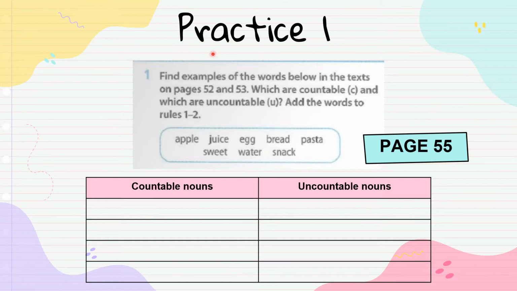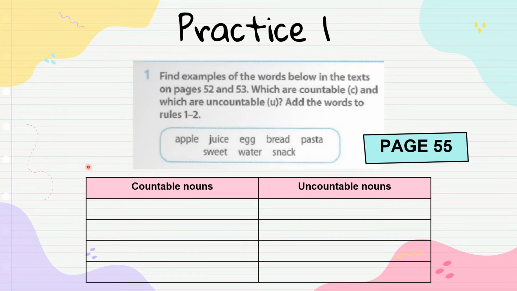Okay, practice 1. Find examples of the words below in the text on pages 52 and 53, which are countable and which are uncountable. Add the words to rules 1 to 2. Okay, 1 to 2 means 1 is countable, 2 is uncountable.